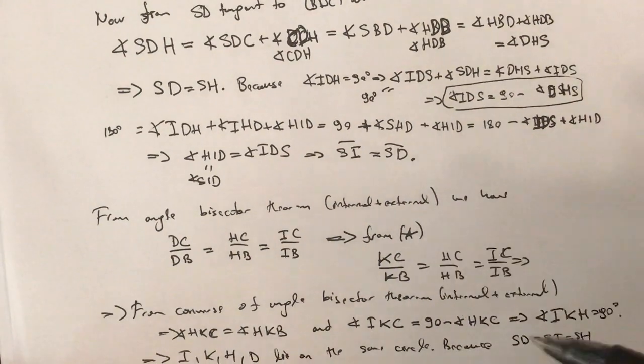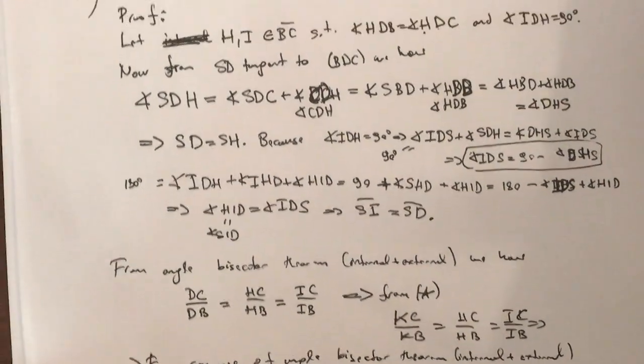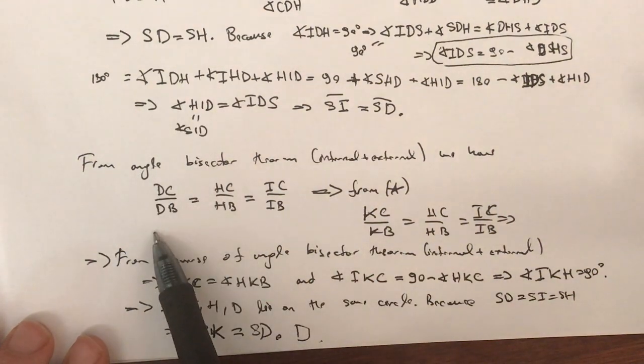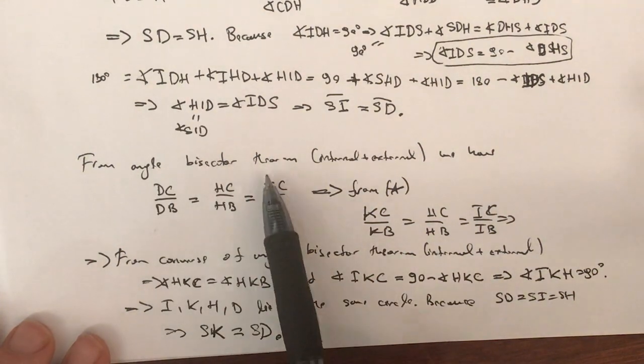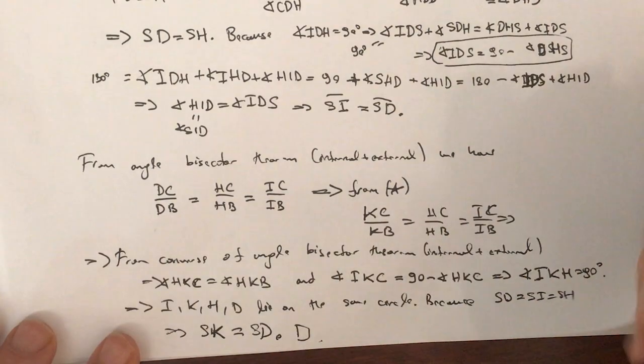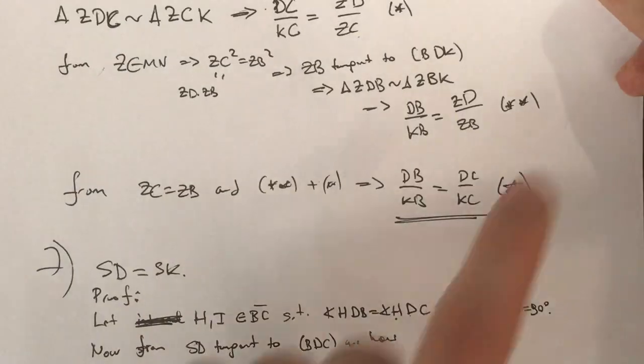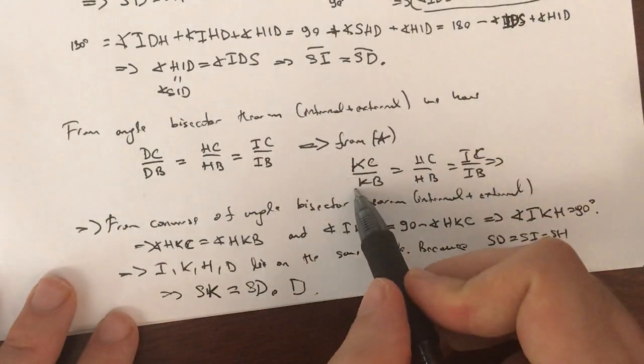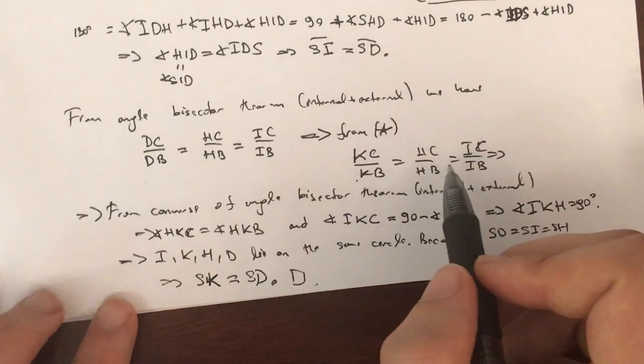And now from the angle bisector theorem, both the internal one and the external one, what you get is that DC over DB is HC over HB is IC over IB. And now using the star relation we figured out before, that implies that KC over KB is HC over HB is IC over IB.